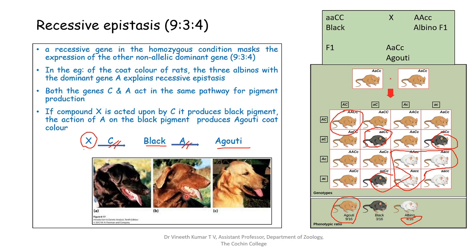And therefore the genotypes of these dogs, whether they have capital B or small b in their dihybrid, whenever small e is present, it produces the phenotype which is called yellow. And whenever capital E is present, depending upon the B, whether it is capital B or small b, the color occurs.